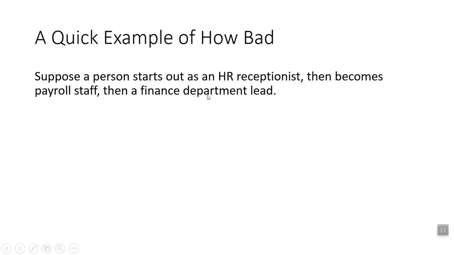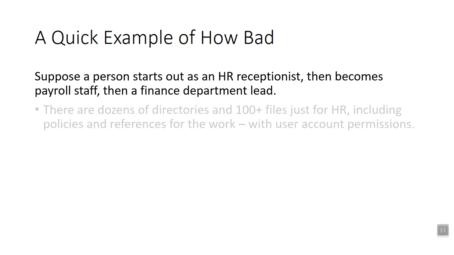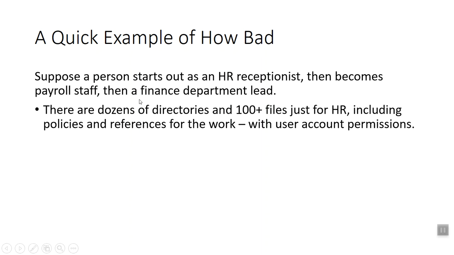Could be one of the subdivisions within one of the subdivisions in that department. Now, just for the HR role, there are dozens of directories and over 100 files just for the HR work, right? Including policy files and references for that HR, that daily routine in the HR department.